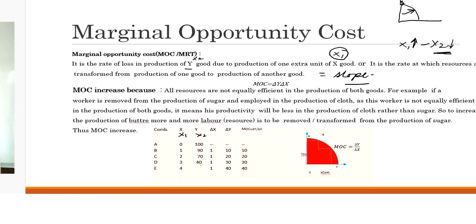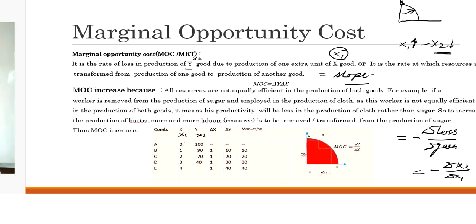So if you want to calculate marginal opportunity cost, you need to use this formula: minus delta loss due to delta gain. And in our illustration, loss occurs in the production of X2 and gain occurs in production of X1.